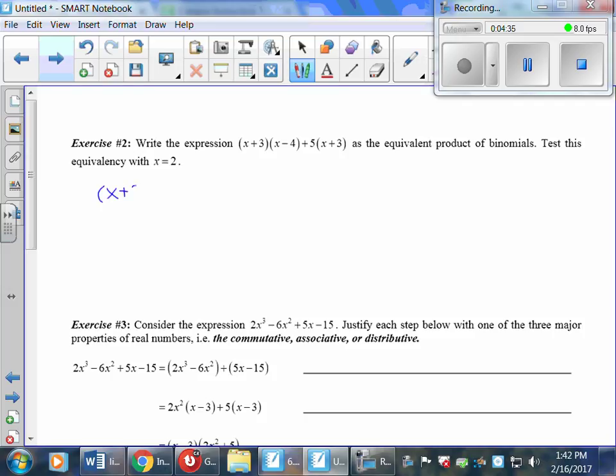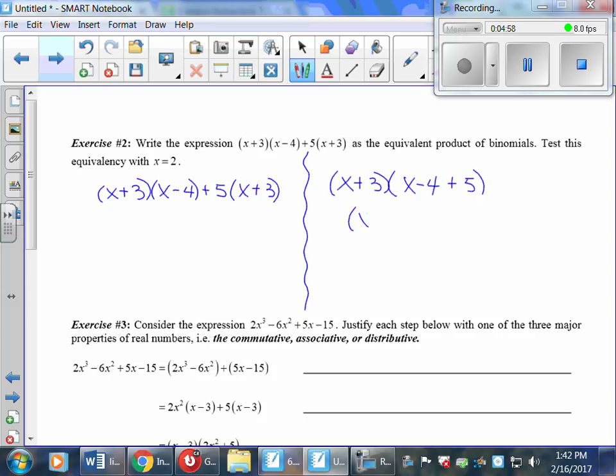X plus 3, this is exactly what we're starting with, times x minus 4, plus 5 times x plus 3. And then what they want us to do is factor out the x plus 3. If we factor out that x plus 3, what do we have left over? We have x minus 4 plus 5. So this becomes x plus 3 times x plus 1.